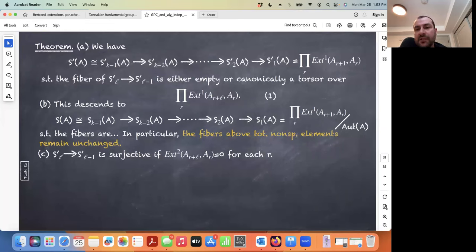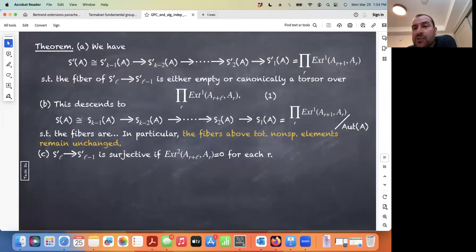A totally non-split generalized extension would be one where the corresponding extensions that we had are all totally non-split. In descending from this line to this line, the fibers above totally non-split elements do not change. That's, I think, one of the key nice things about this approach.